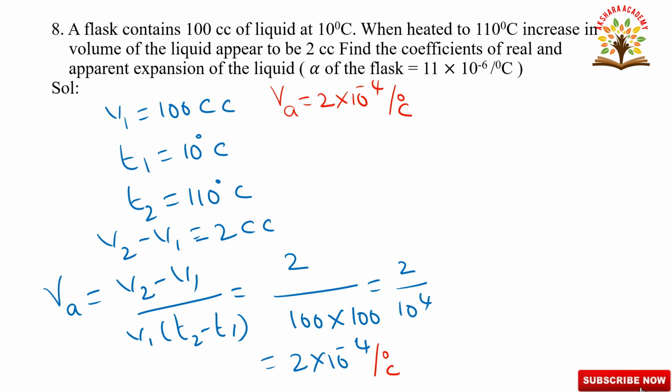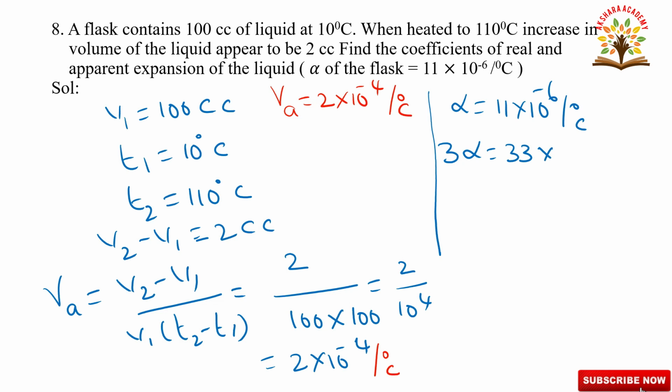Next, gamma R is equal to gamma A plus gamma C. For this we calculate gamma C: given alpha is equal to 11 into 10 to the power of minus 6 per degree centigrade, 3 alpha is equal to 33 into 10 to the power of minus 6 per degree centigrade.